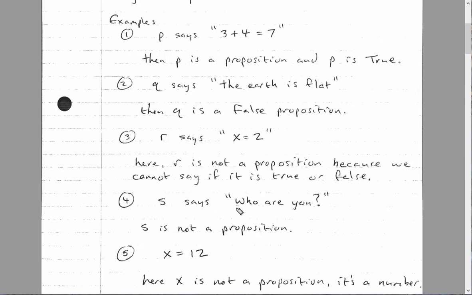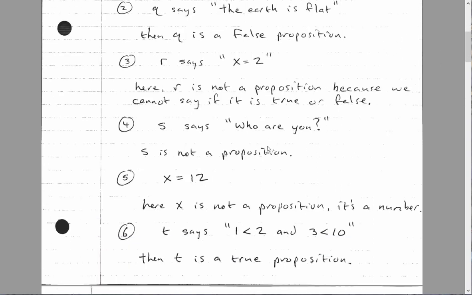Example 4, another example of something that's not a proposition. This is not a statement, it's asking a question, who are you? So it's not a proposition. And just a couple more, x equals 12. Well, here x is not a proposition, it's a number.